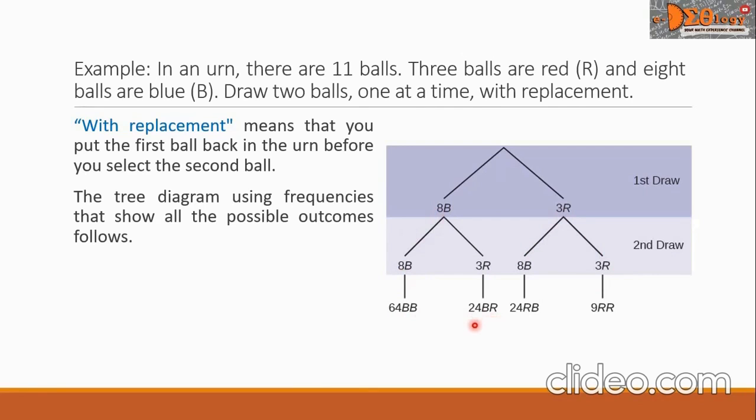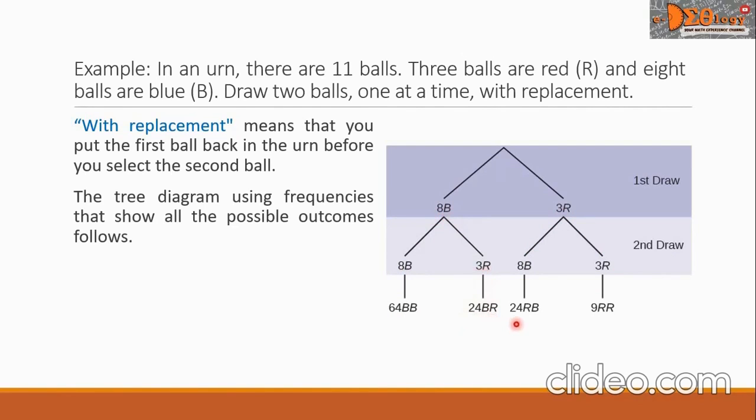Here we can see 24 BR. The 24 comes from the product of 3 and 8. And this BR means the first draw is a blue ball and the R is a red ball.